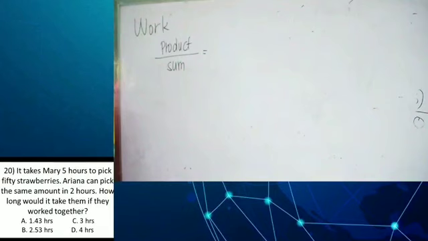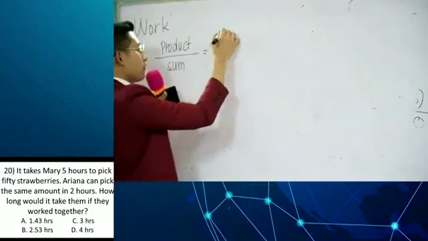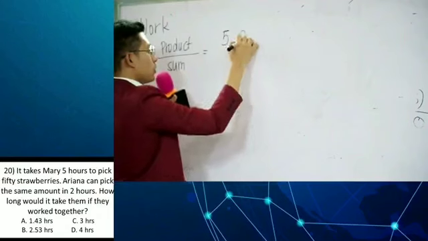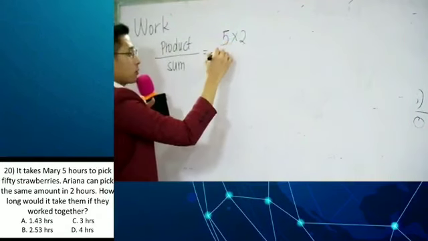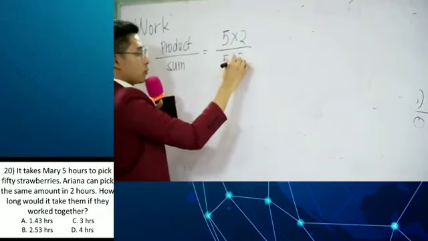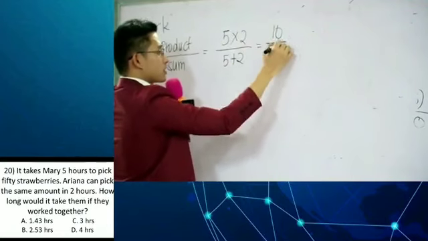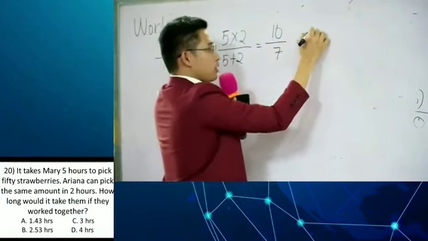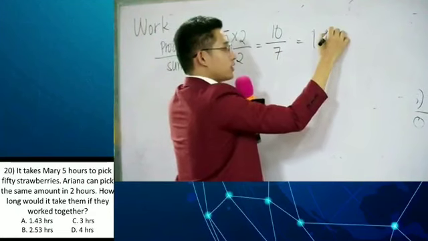Ariana can pick the same amount in 2 hours. How long would it take them if they work together? Okay? So, ano yung 2 givens natin? So, 5 and 2. So, get the product. So, 5 times 2 over 5 plus 2. So, this is 10 over 7, which is equivalent to 1.43.